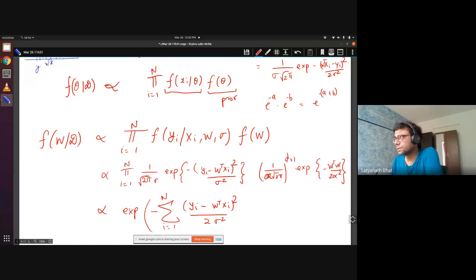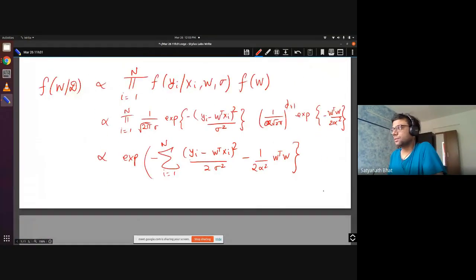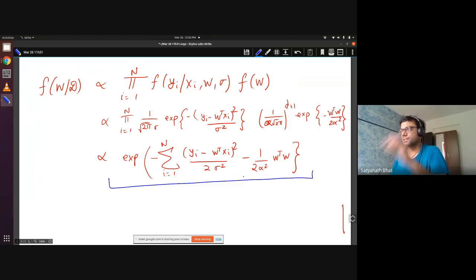And then this thing, what is there? This will be 1 over 2 alpha squared into w transpose w. Now, from here, this is our posterior. So posterior is some function like this.